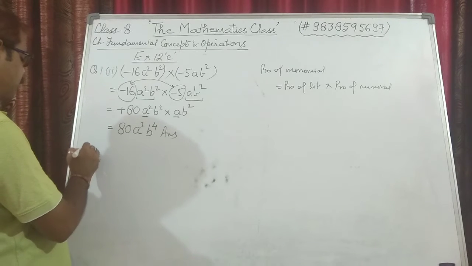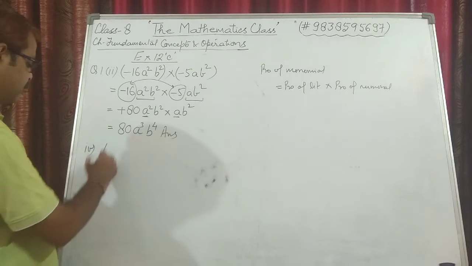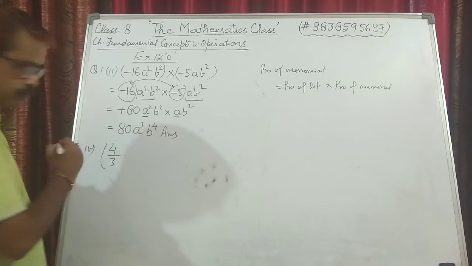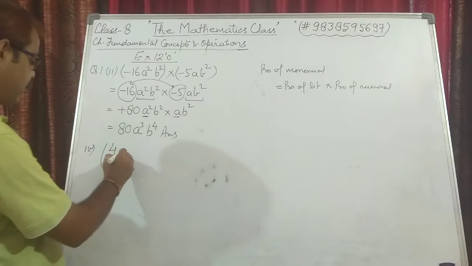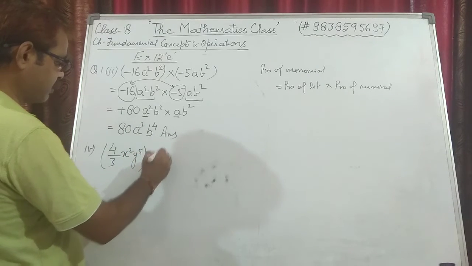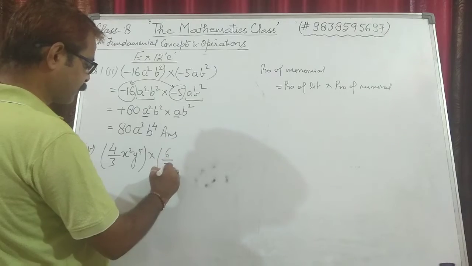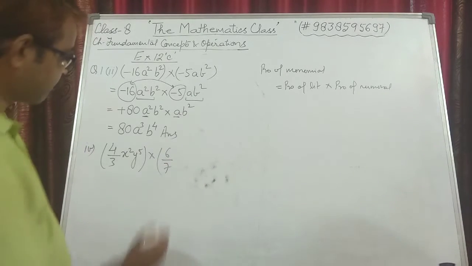Let's take question number 4 to explain it again. It is 4 upon 3 x square y to the power 5, and it has to be multiplied by 6 upon 7 x square y cube.